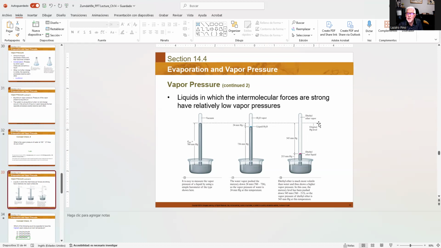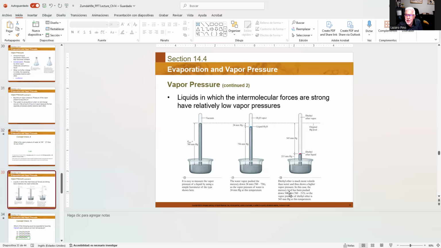Diethyl ether vapor has less interactions, or weaker interactions, than the water molecule. Diethyl ether is much more volatile than water and thus shows a higher vapor pressure.